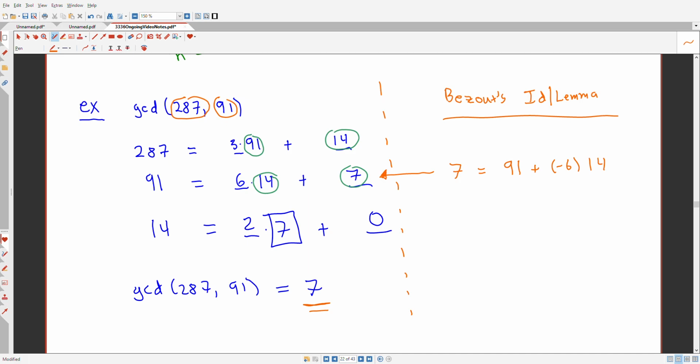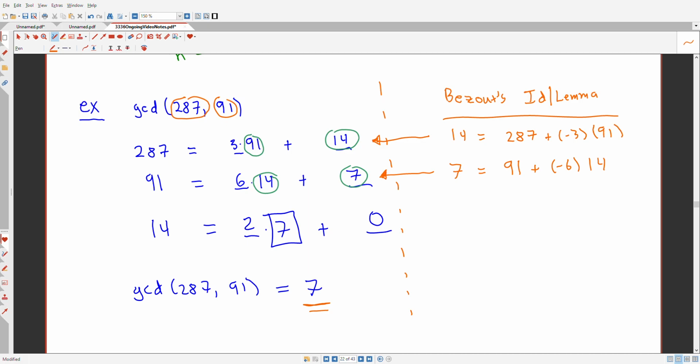Right, I just rearranged that equation. Okay, but now look what I can do. In my equation from above, this one tells me 14 is equal to 287 plus negative 3 times 91.